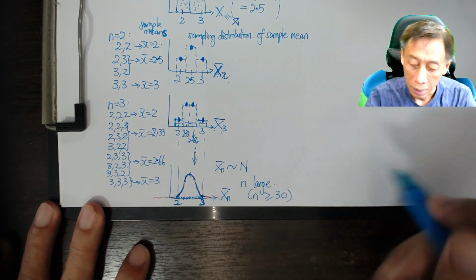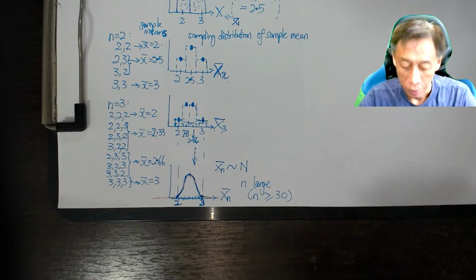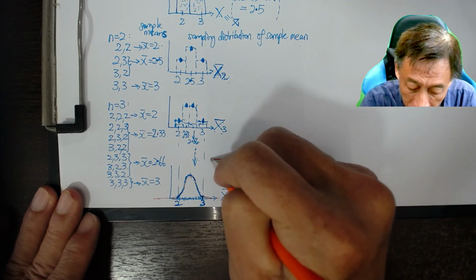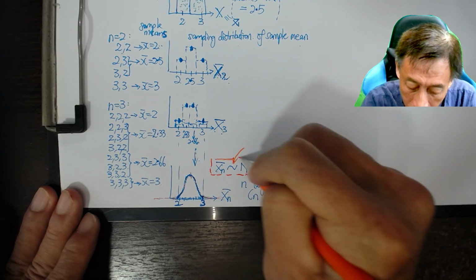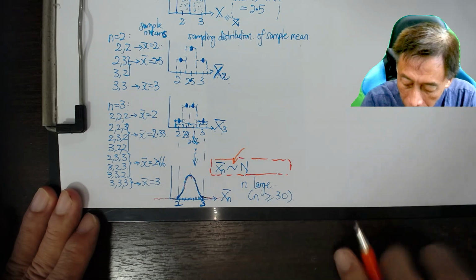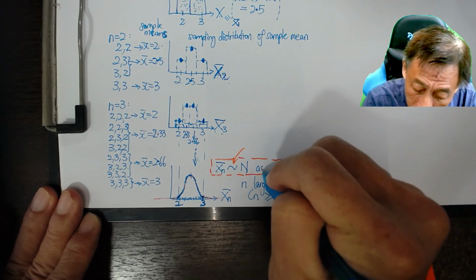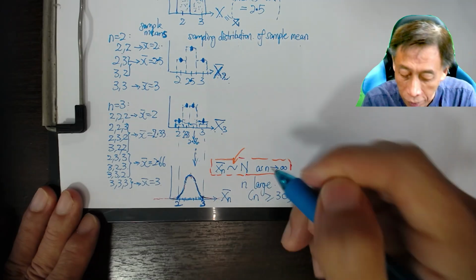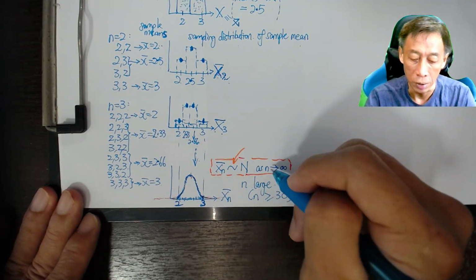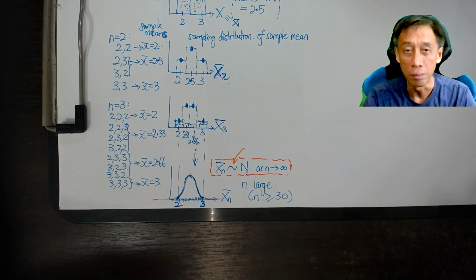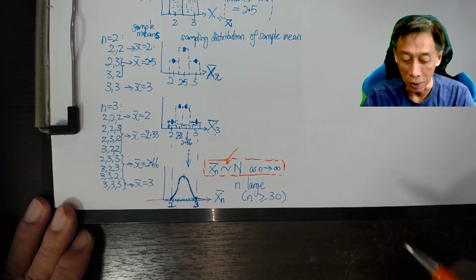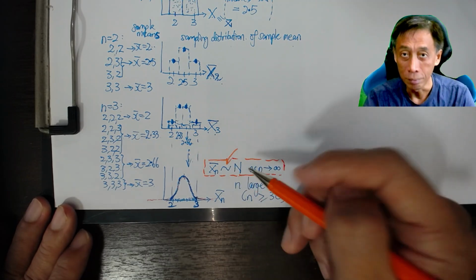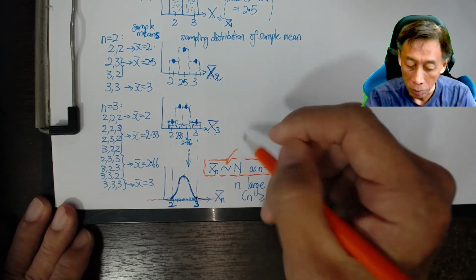This is the key contribution of this statement. Let me finish the statement. As n goes to infinity, so large n is good enough, but as n goes to infinity, more mathematically, strictly speaking, then x bar n does become a normal distribution.